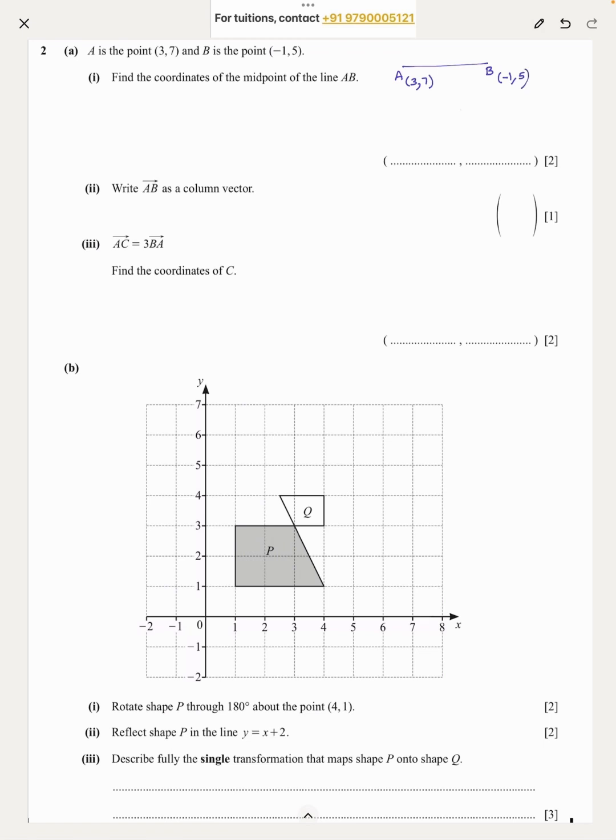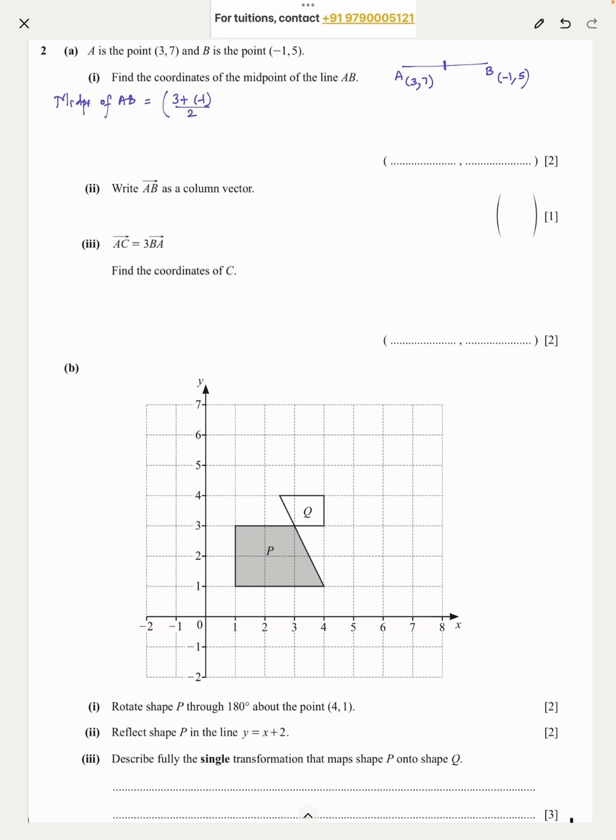So the midpoint of AB is just, you have to add the coordinates and divide them by 2.